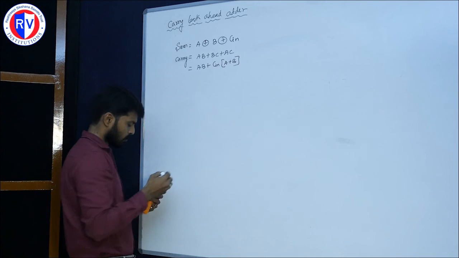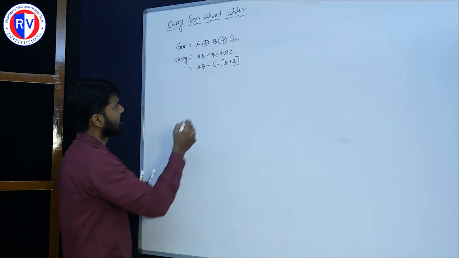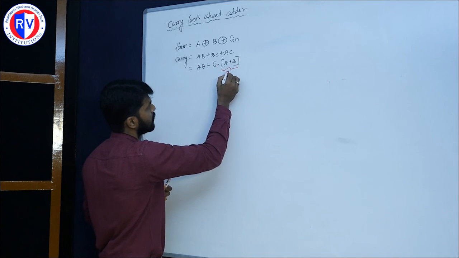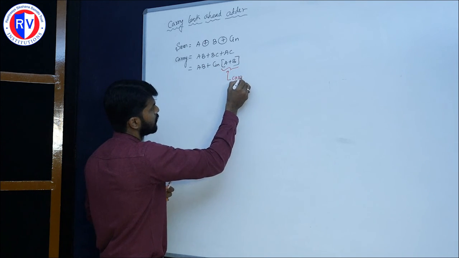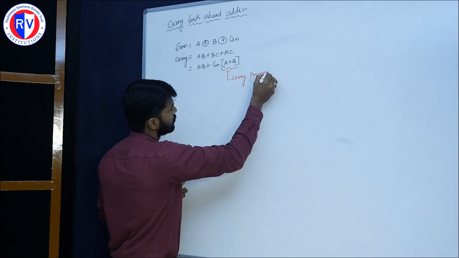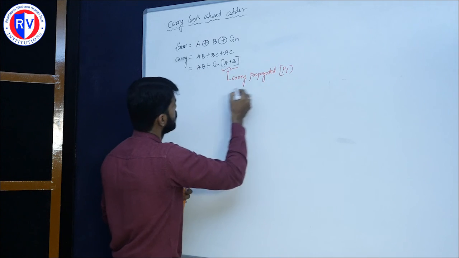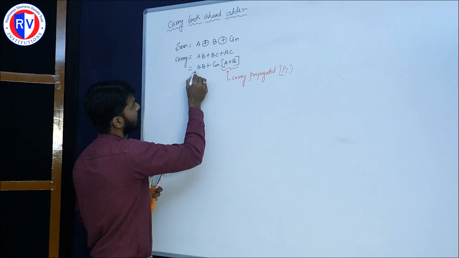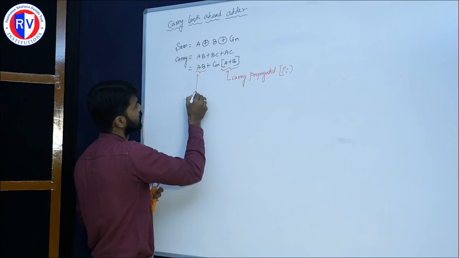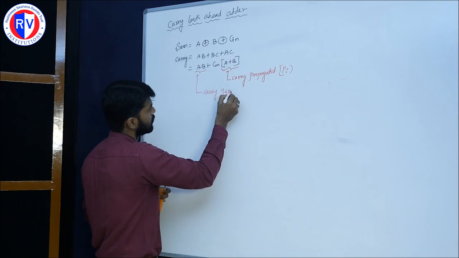Here I am splitting this into two groups. This one I will call carry propagated, that is Pi, and this one I can call carry generated.